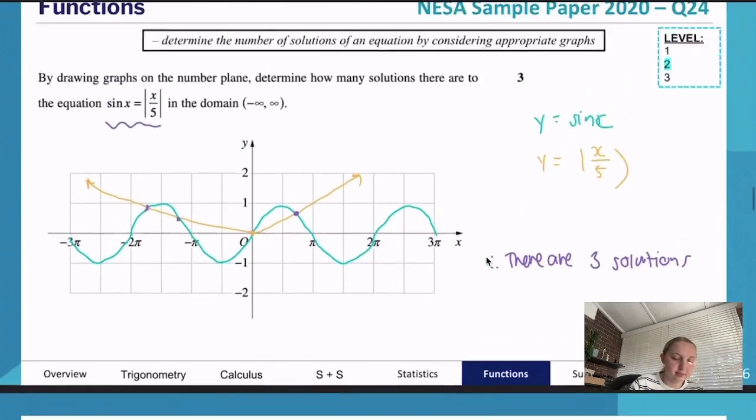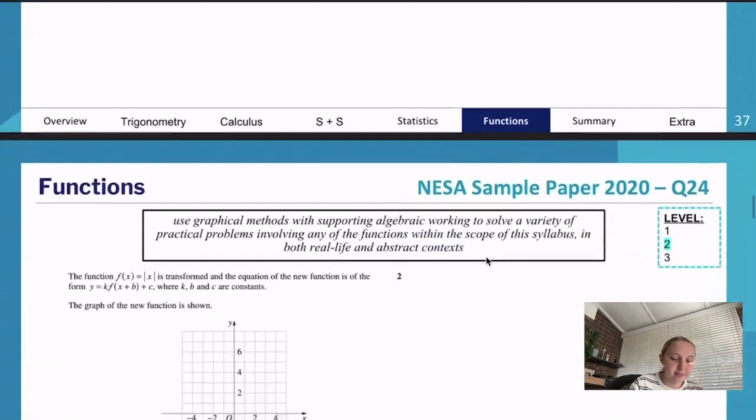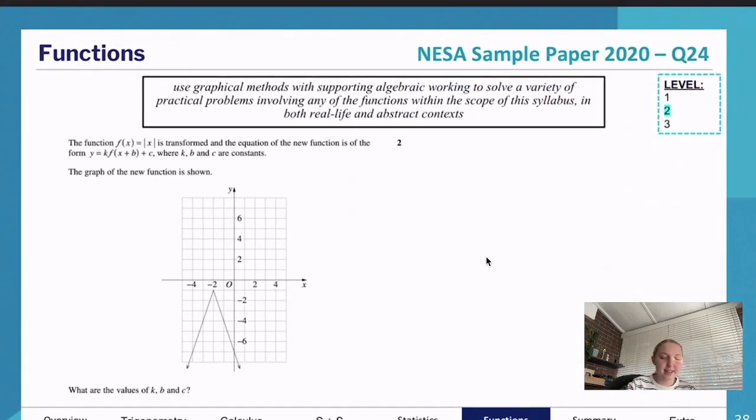Oh, I left a slide to do it, but anyway. This is again from that same paper. So it's looking at the syllabus point, use graphical methods with supporting algebraic working to solve a variety of practical problems involving any of the functions within the scope of this syllabus in both real life and abstract contexts.